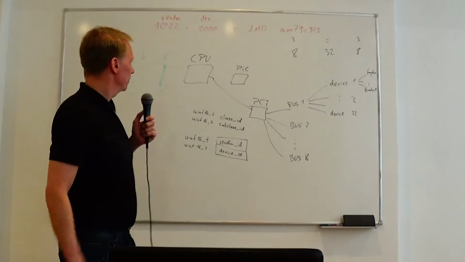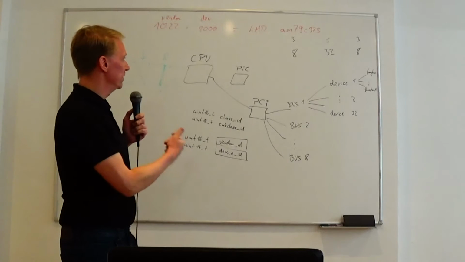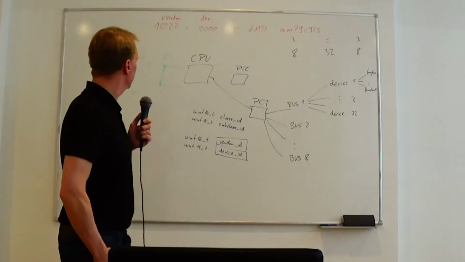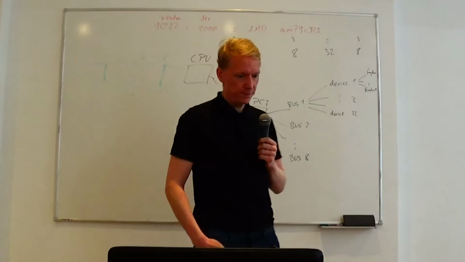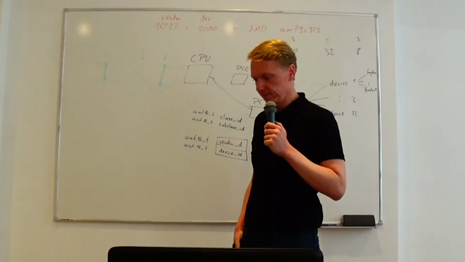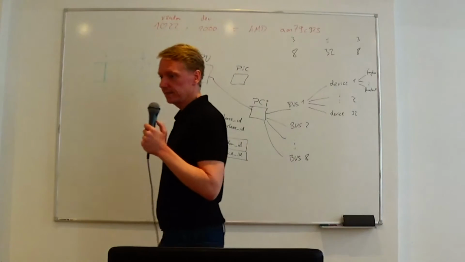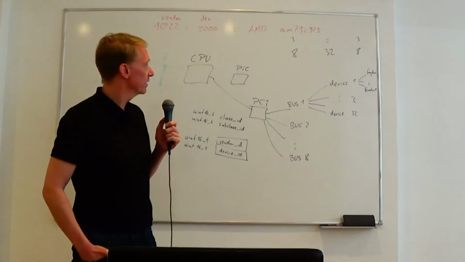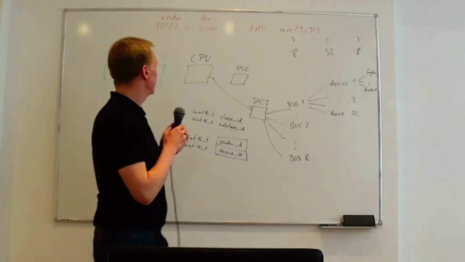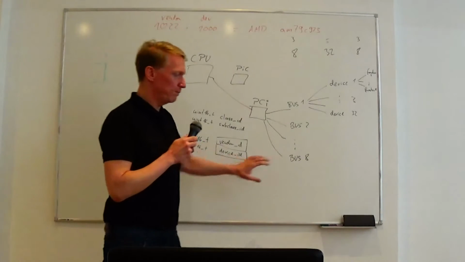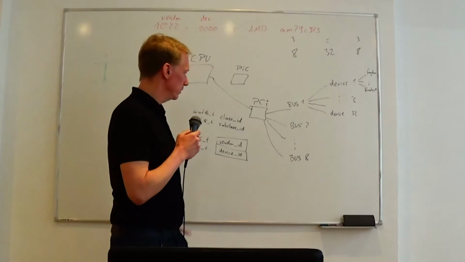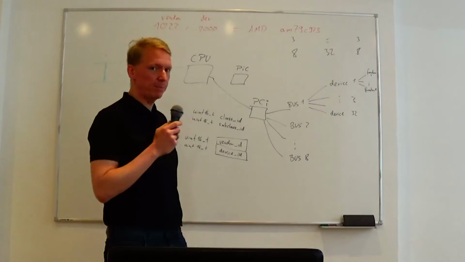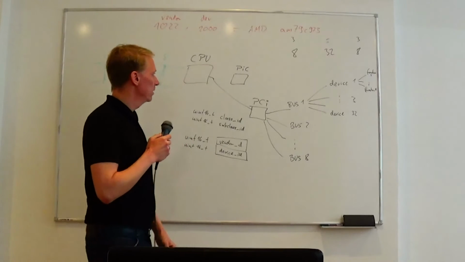So we have a lot of communication with the PCI and the devices right now, and in the next video we will talk about the base address registers of the PCI devices. They will really tell you which memory location the device wants to use for memory mapped input and output.